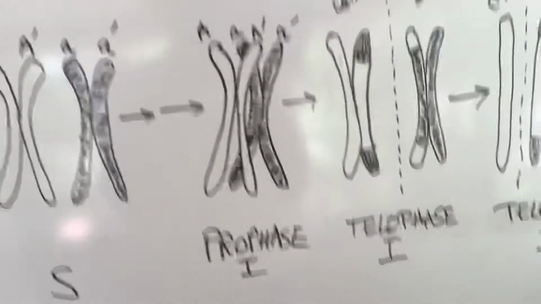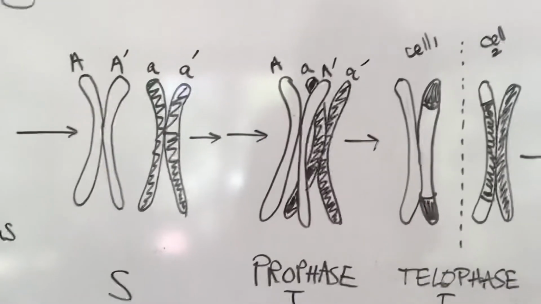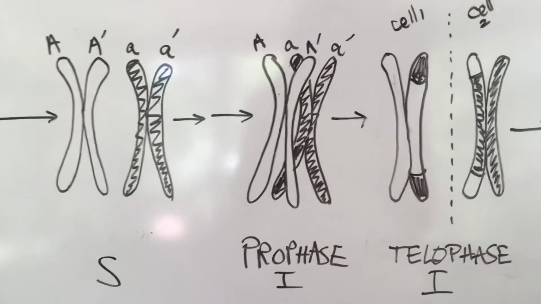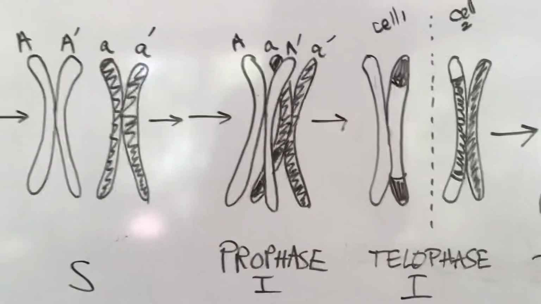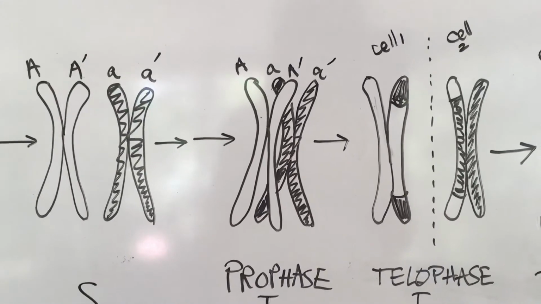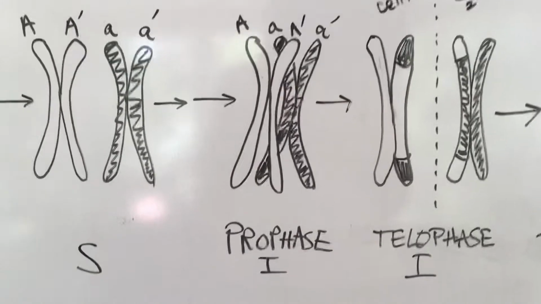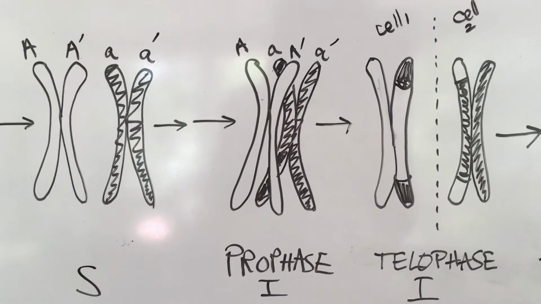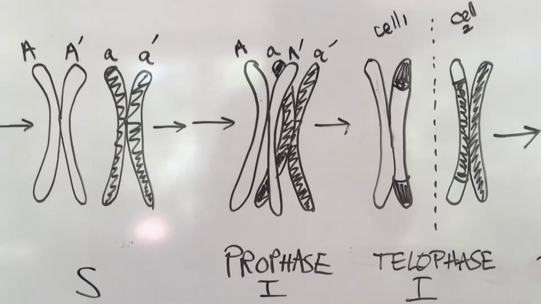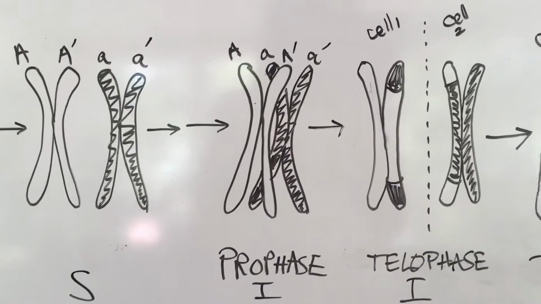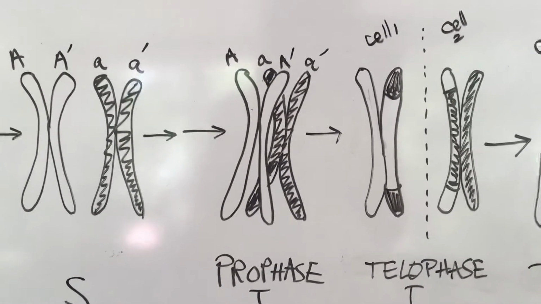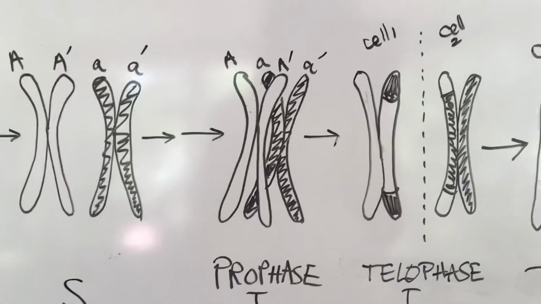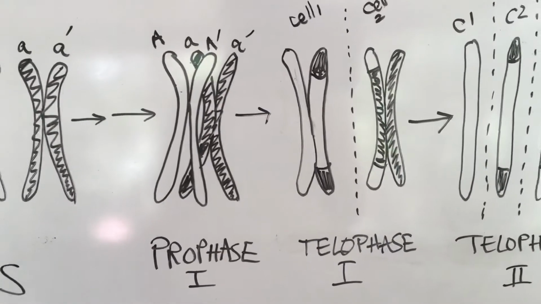Okay, the next thing that happens, and I've indicated that we've gone through several phases here. I forgot to do it the next time, but anyway, in prophase 1, the chromosomes will wrap together. And when they wrap together, they will join up, and proteins and so forth help them intertwine. And every place that they touch, they are going to exchange information.